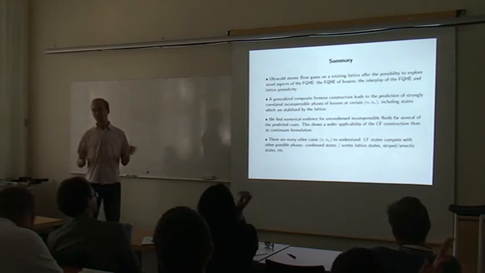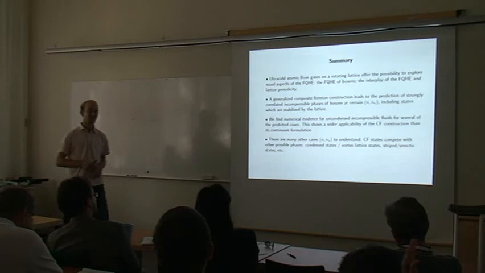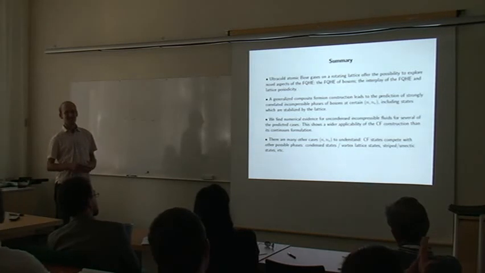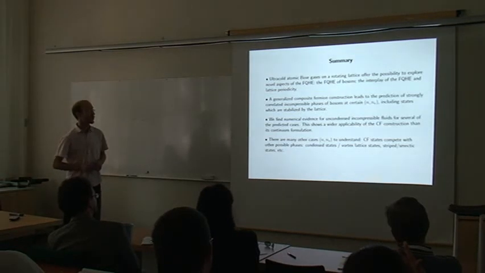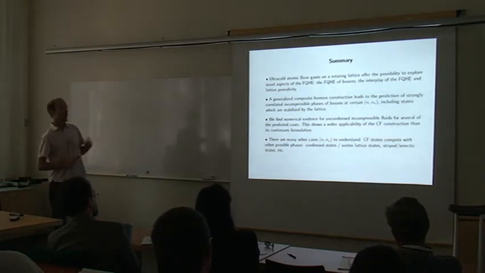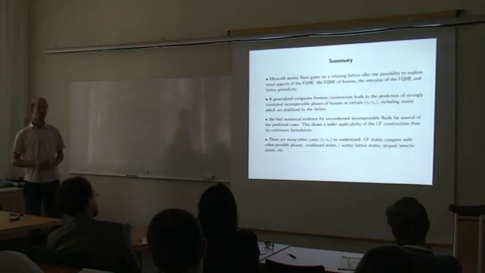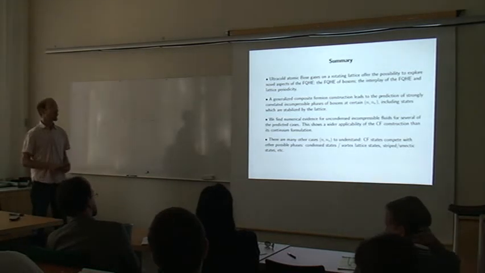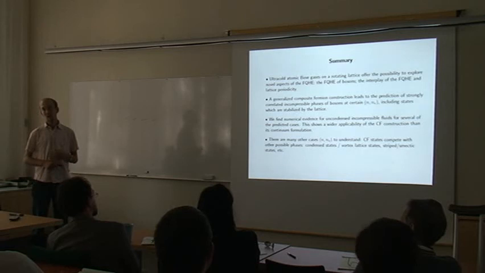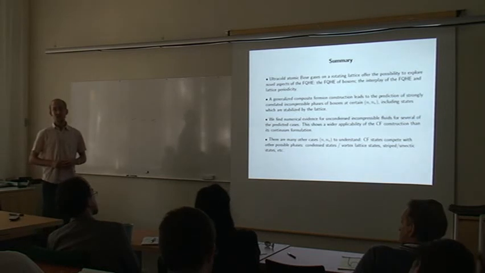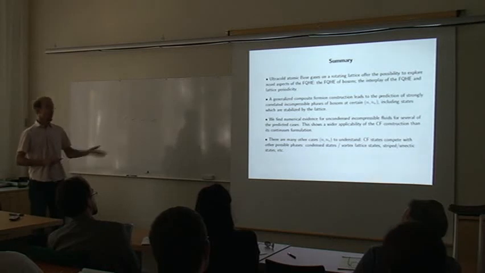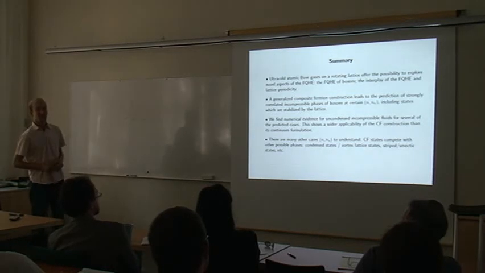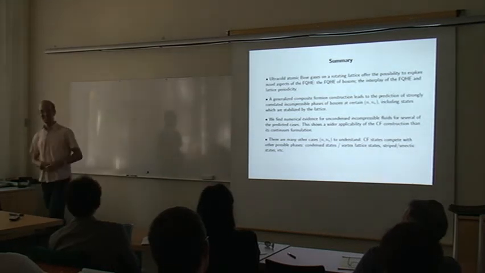In general, there will be many condensed phases lurking, so these are bosons at low and high density. So you have to look on a case-by-case basis whether these predictions are true. But nonetheless, we find emergent evidence for uncondensed phases, which are well described by the composite Fermi construction, both qualitatively and quantitatively to some extent. Right, and so there's still a lot to play with. So in case you're interested, please join the game.